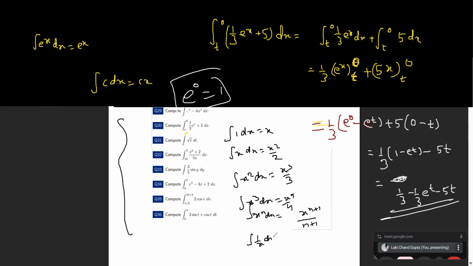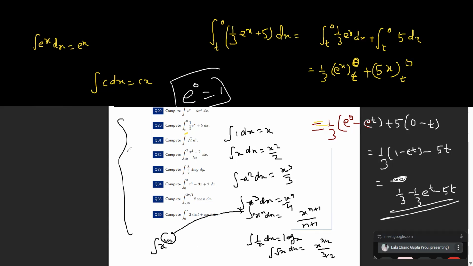Integration of 1 over x is what? Log x. Integration of root x is what? X raised to 3 over 2 upon 3 over 2. How? Because root x is x raised to half. This is n. Use this formula, right? n plus 1 is half plus 1, which becomes 3 by 2.